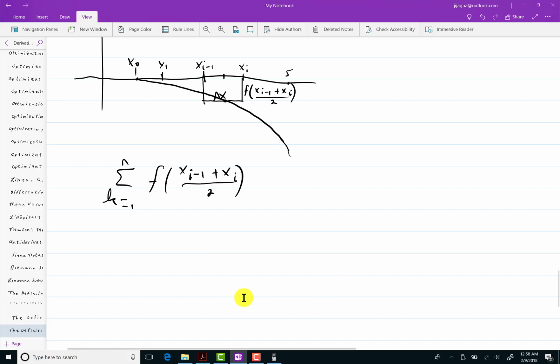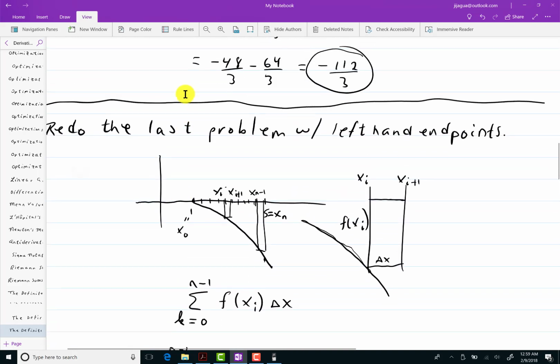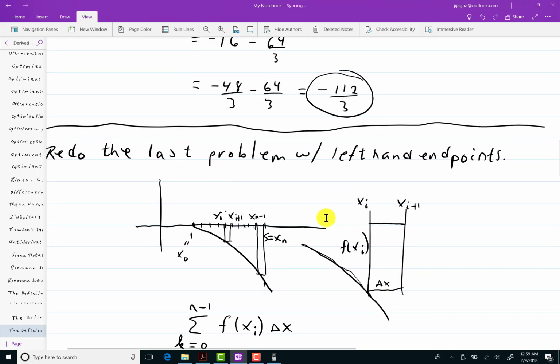And I did it again, I did i's. I wonder if I did that on the previous problem. Like all these i's need to be k's. Like right here, same down here.